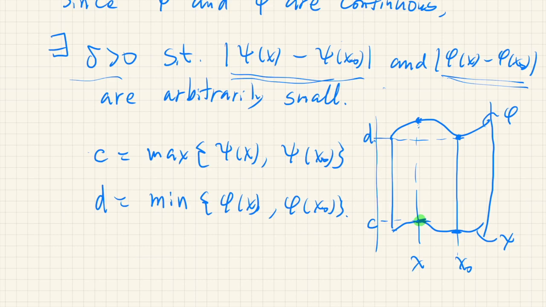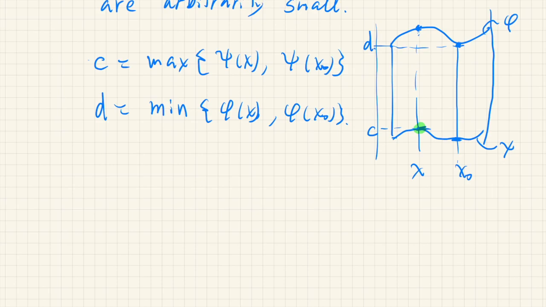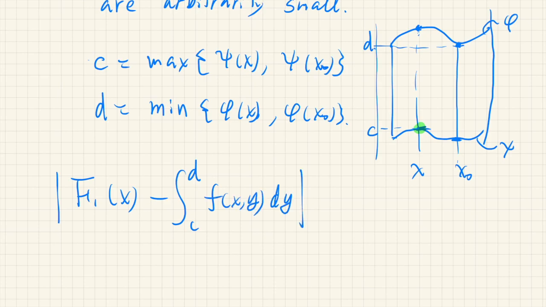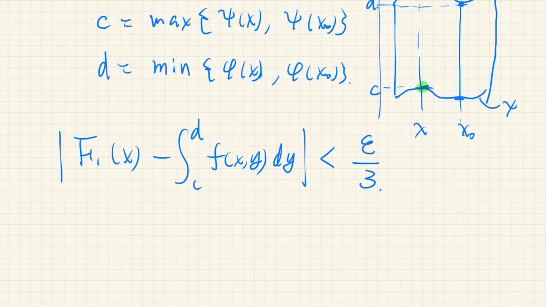And using these C and D, we may assume that f1 of x minus the integral between C and D of f of x and y dy is less than some arbitrary positive epsilon divided by 3.